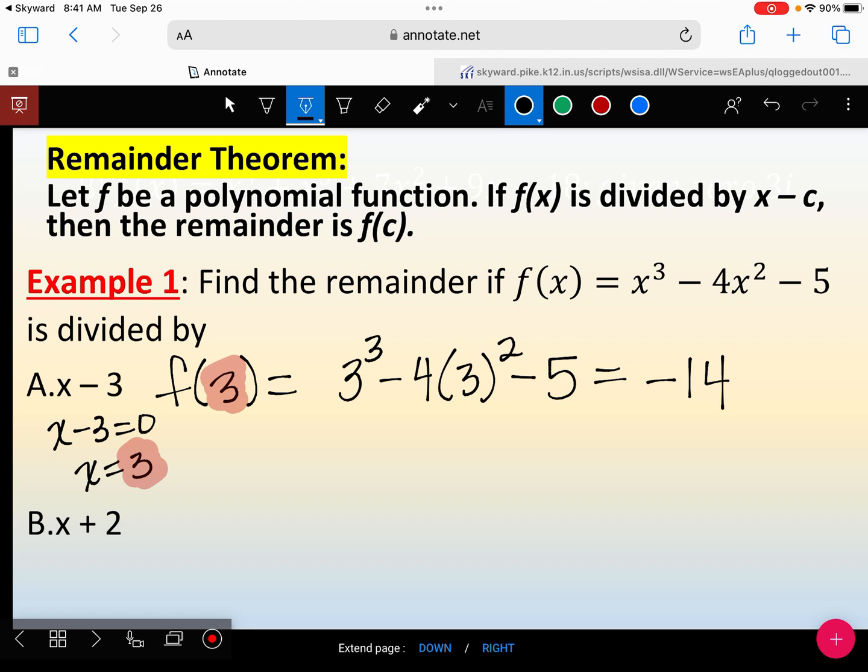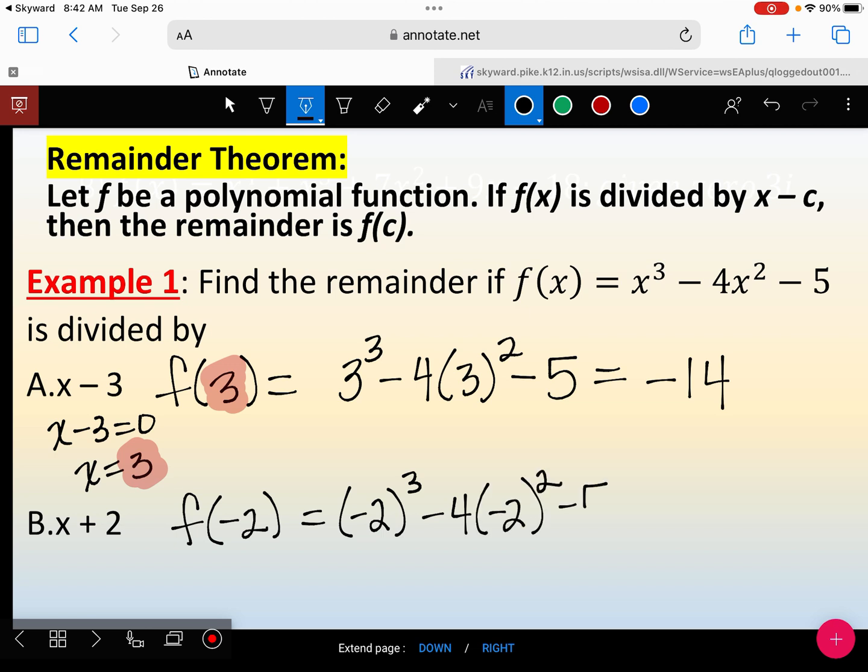All right, what do you think I'm going to substitute in for x plus 2? F of what? Negative 2. When you plug in a negative, it's really important that you use the parentheses on your calculator. That's the only way you can miss this on the test, if you don't use your calculator right. Go ahead and substitute that in.